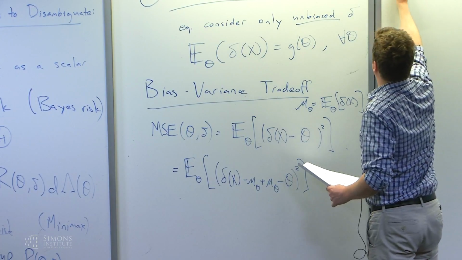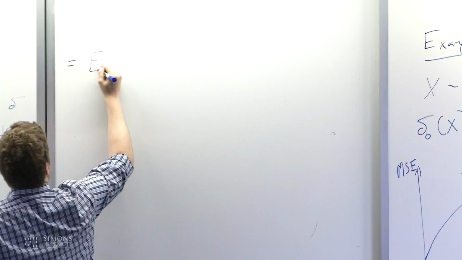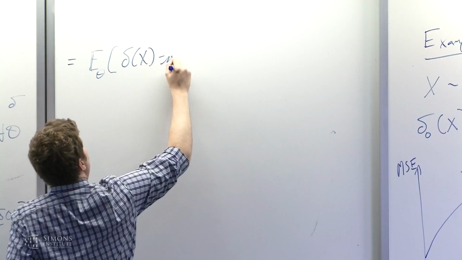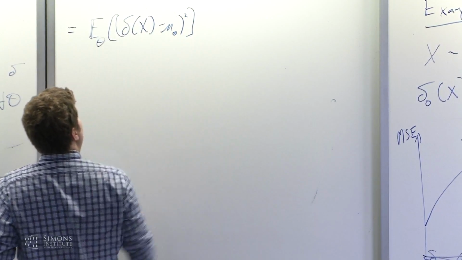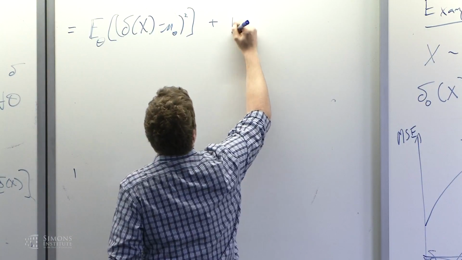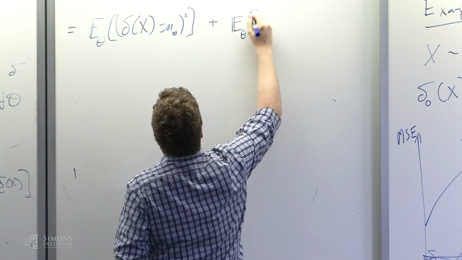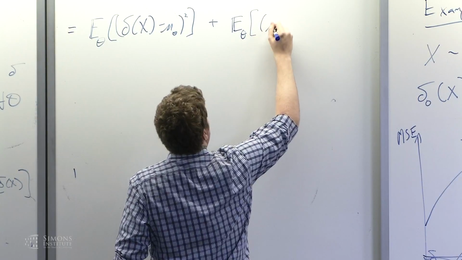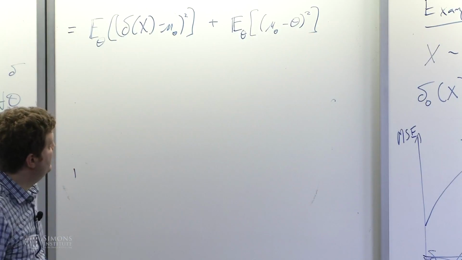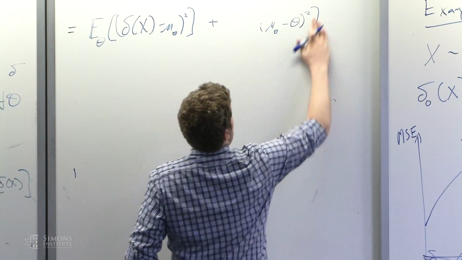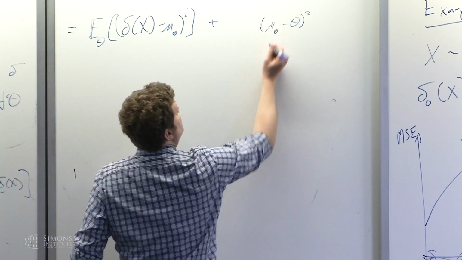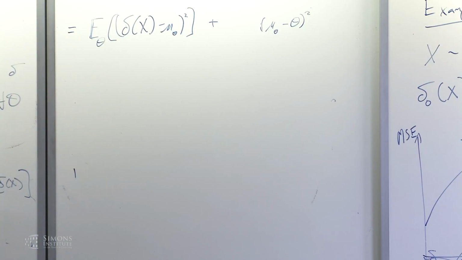Okay, so we get a sum of 3 terms. Delta of x minus mu theta squared. So that's the variance. Plus the expectation of mu theta minus theta squared. And here we don't need the expectation anymore because these are just real numbers.